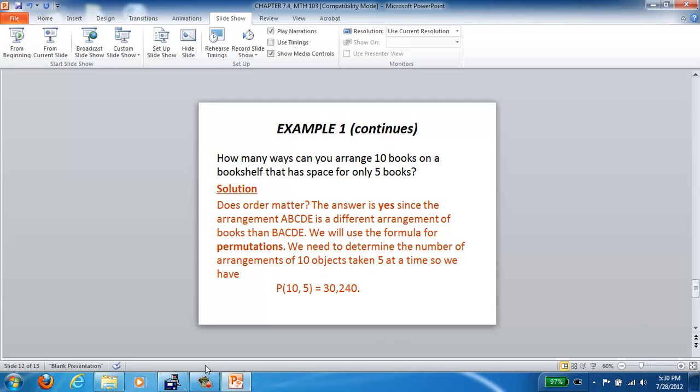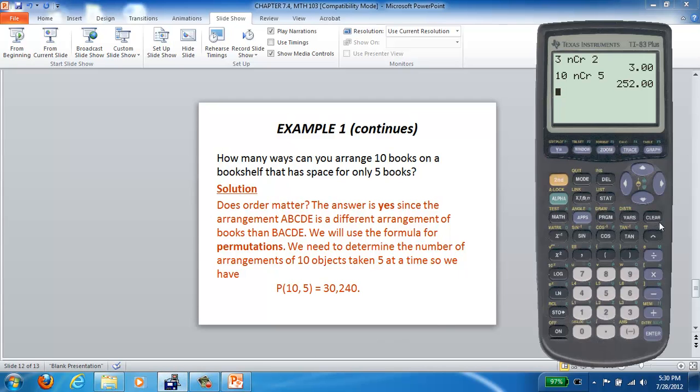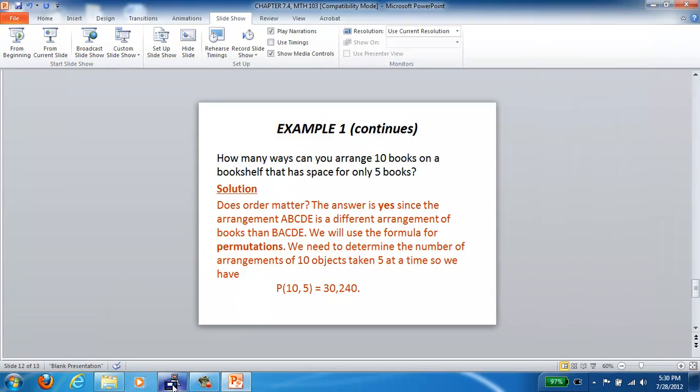So we have to use a permutation. Let's do it one more time, even though I used the same numbers before. 10 books, math, probability, number 2, number of arrangements that we need, 5, enter, and this is the answer, 30,240.